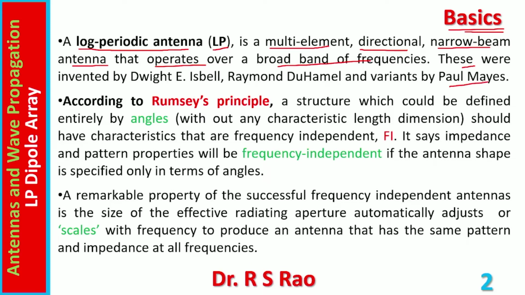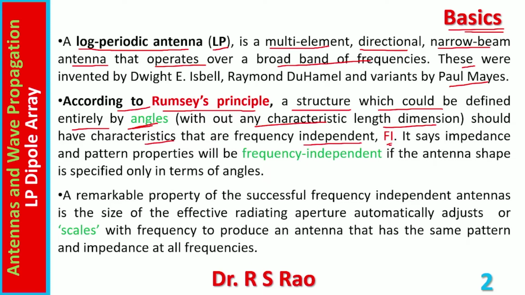The functioning of these antennas is based on one principle, Rumsey's principle. According to Rumsey's principle, a structure which could be defined entirely by angles without any characteristic length dimension should have characteristics that are frequency independent, FI.